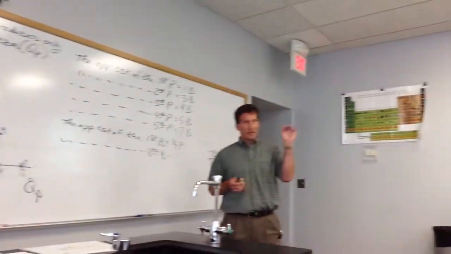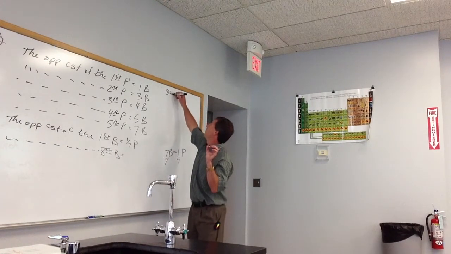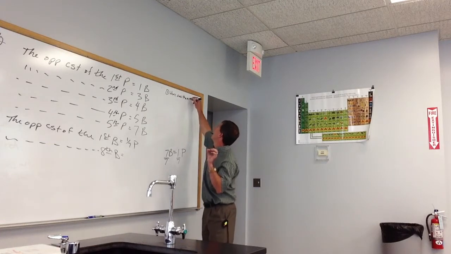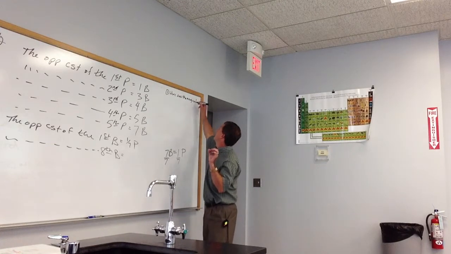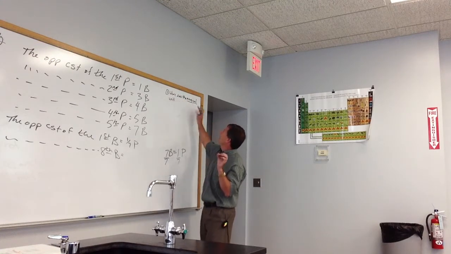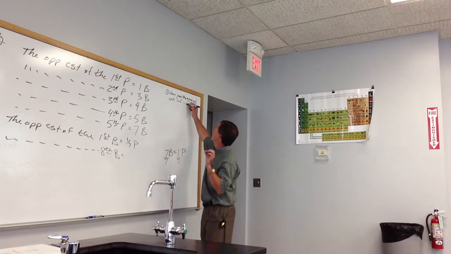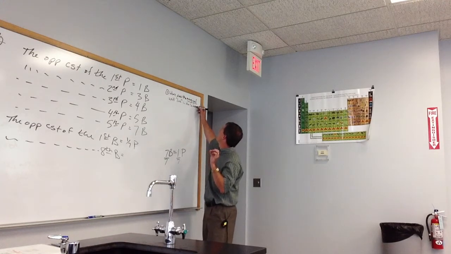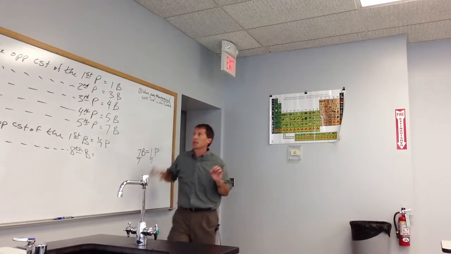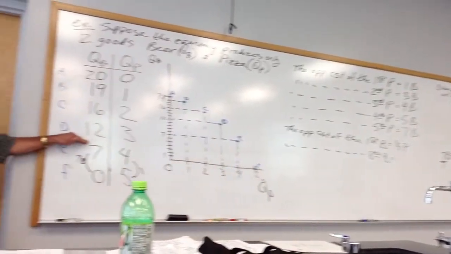So, step 1: where does the marginal unit live in the schedule? If we're looking for the 8th unit, it's right here, right?